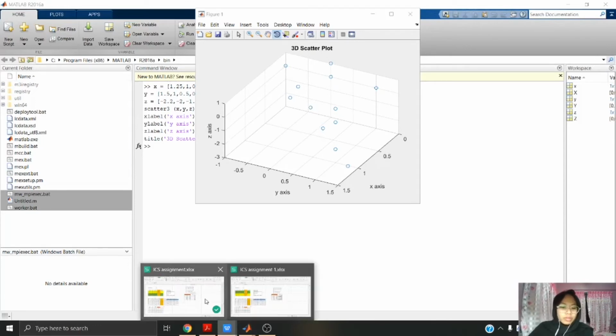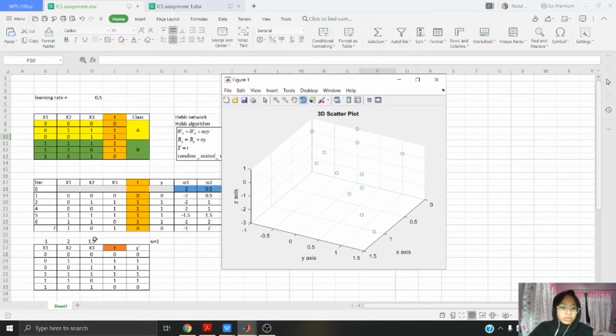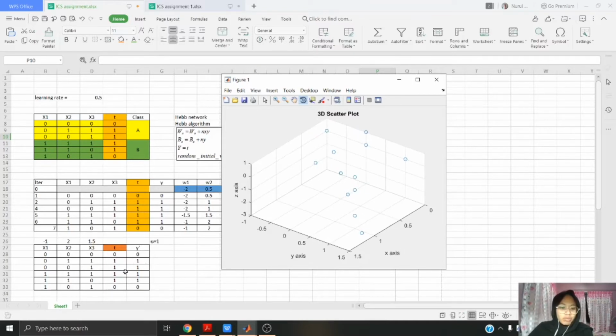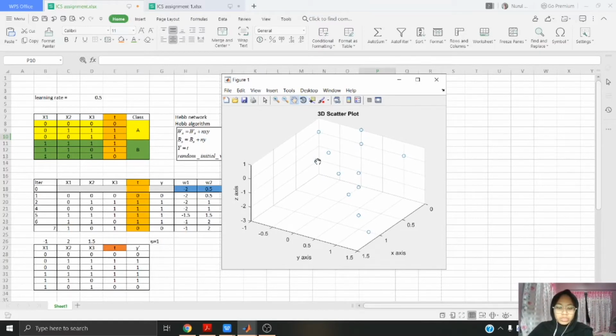However, based on the table, we are supposed to have 2 data at this region and 4 data at this region. But however, we only have 1 data here. So we can conclude that the accuracy for this graph is not that accurate.